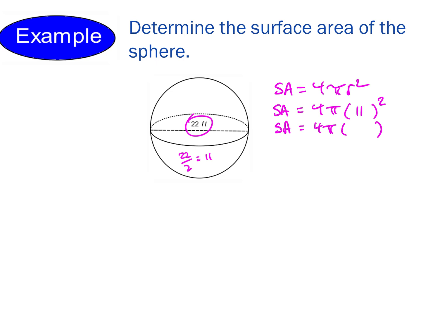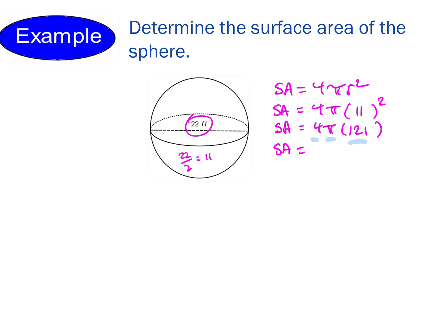Good stuff. And now to figure out the answer, what we're going to do is take pi times 4 times 121. So pi times 4 times 121.